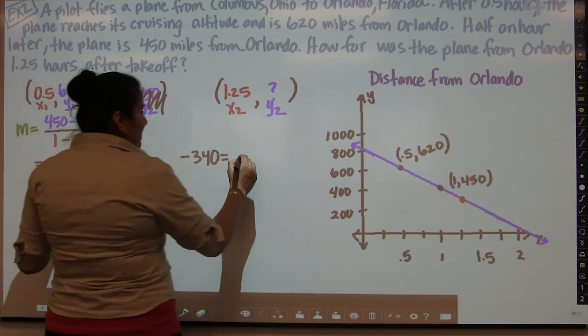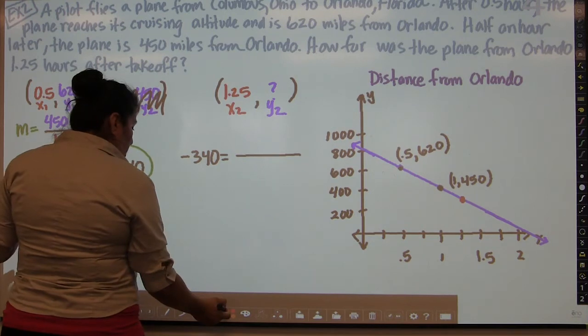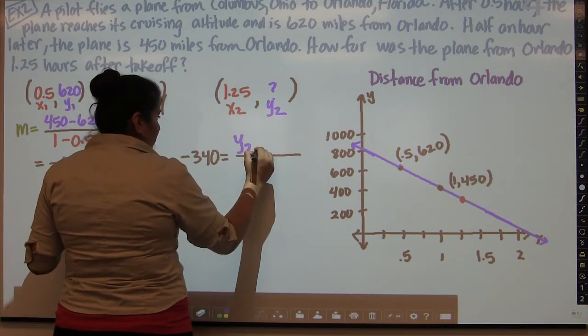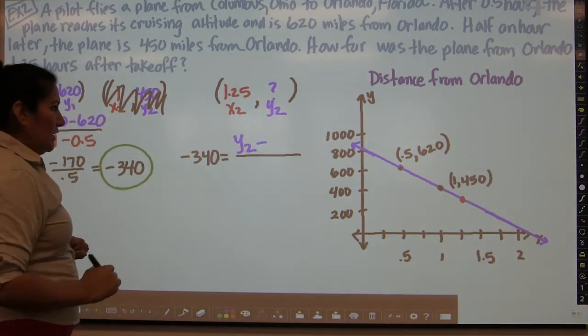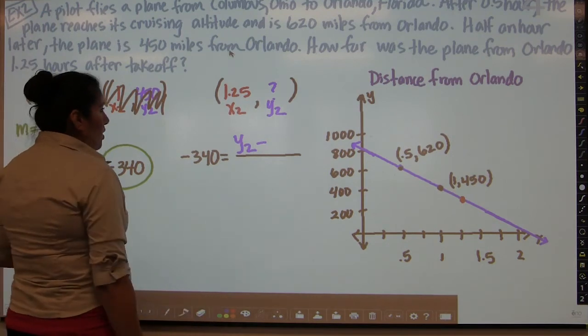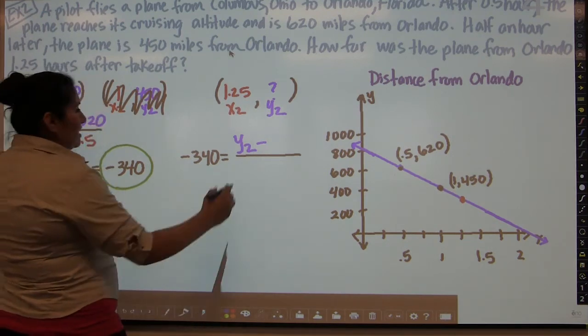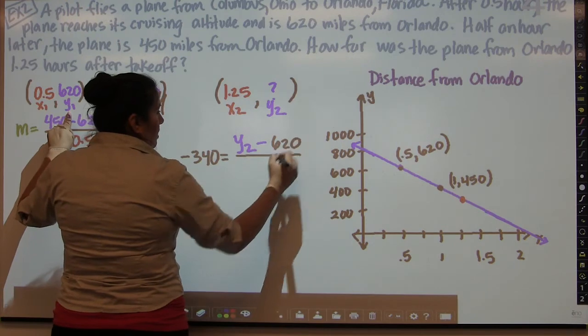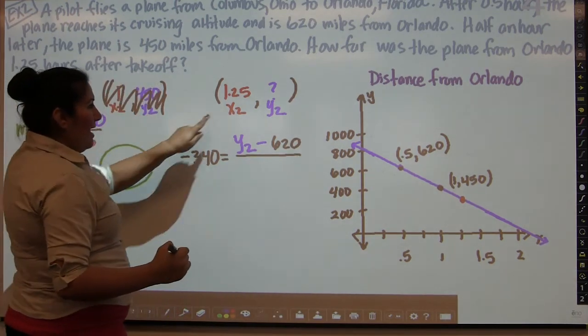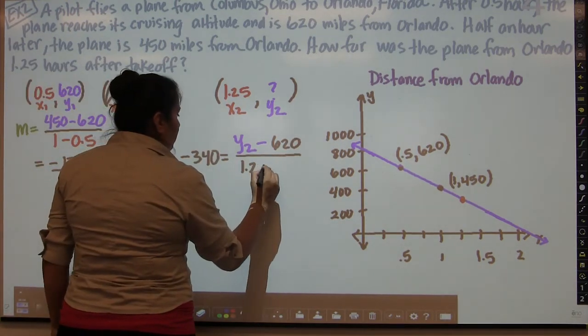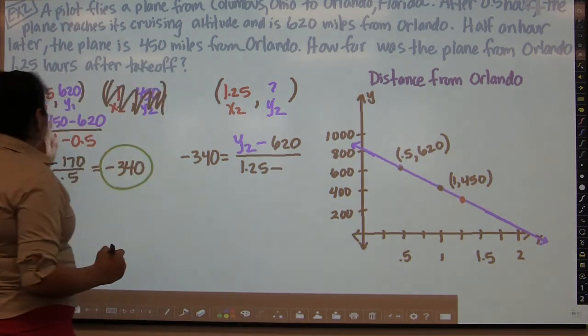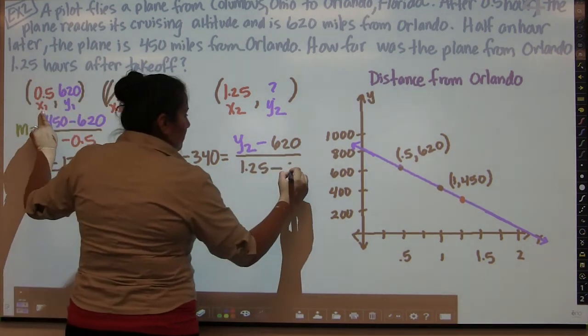And then our formula says y2, but we don't know what y2 is. That becomes our variable. But we do know what y1 is. y1 is 620 from before. And on the bottom, we know what x2 is. It's 1.25. And we know what x1 is from before, 0.5.